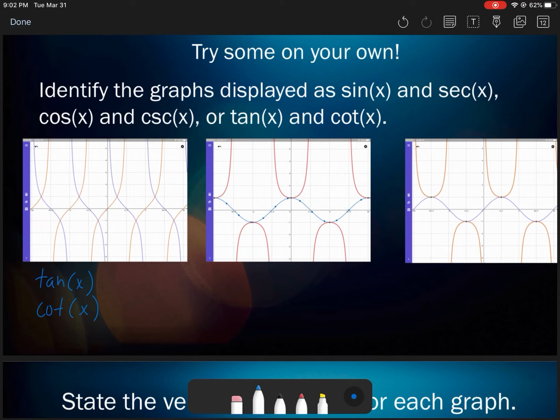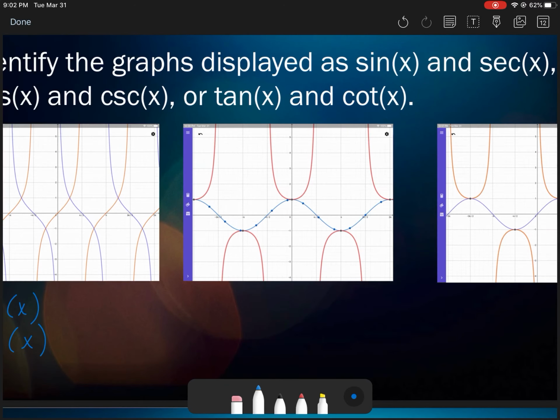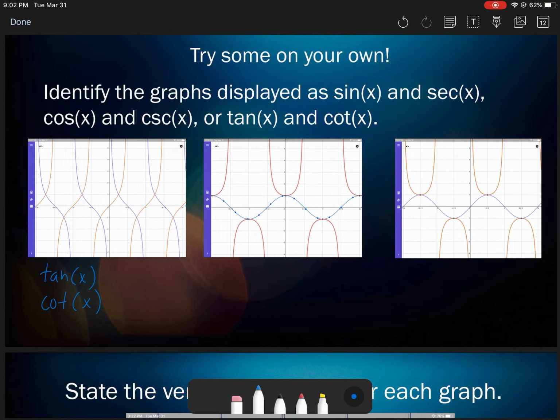Notice I can tell that where x equals 0, y is 1. That tells me that I have cosine of x and secant of x. Okay, and last but not least, we have the sine curve, sine of x and cosecant of x. Okay.